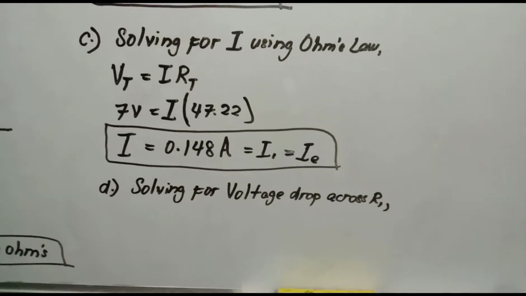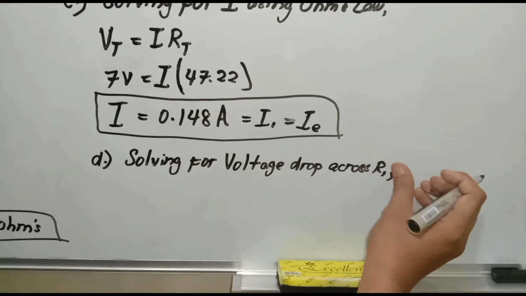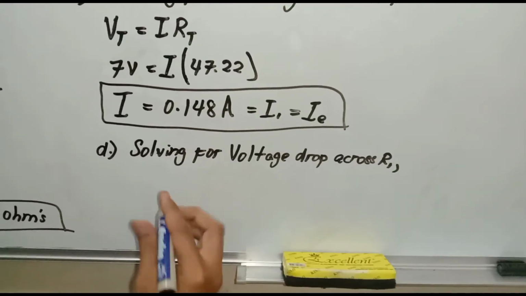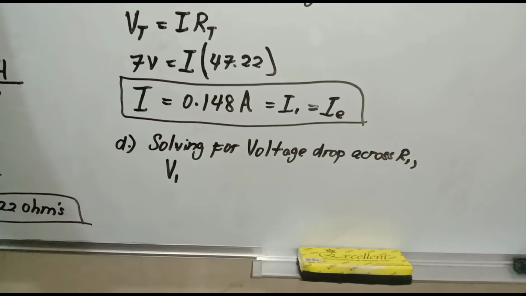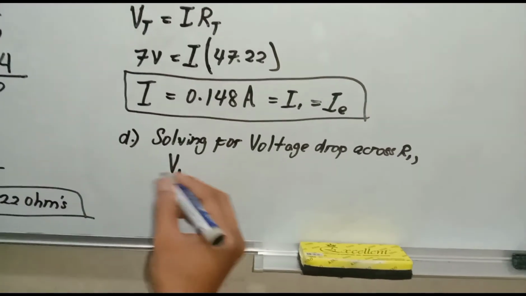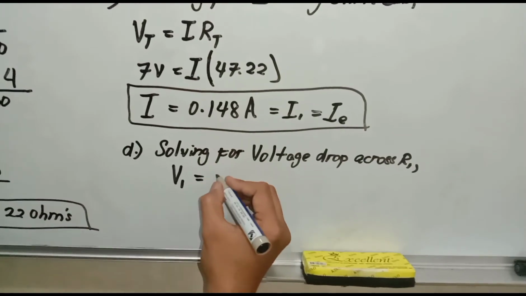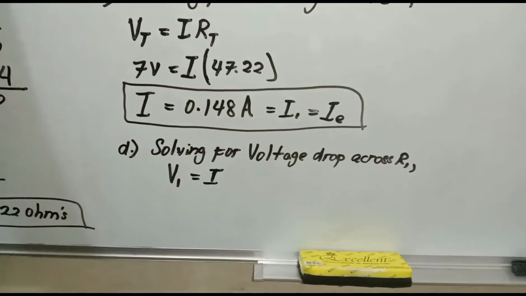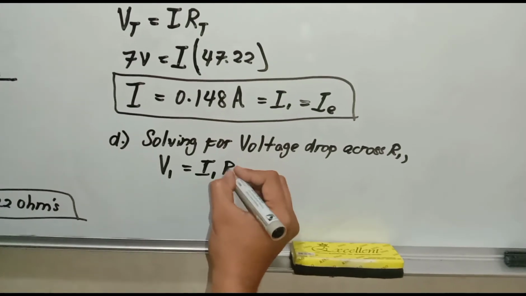So V1, the voltage across R1, is equal to I1 times R1.